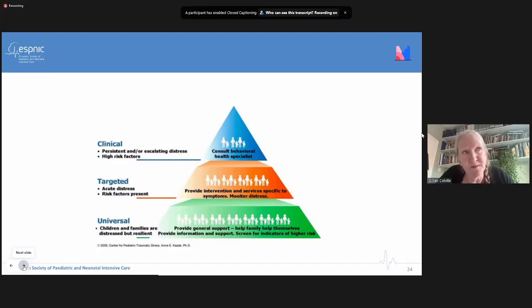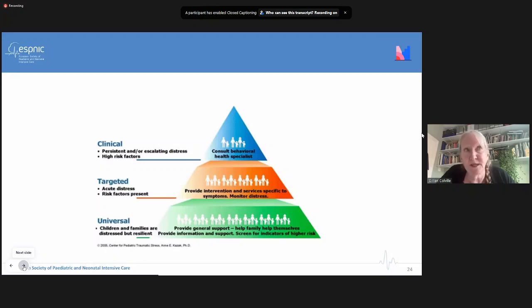And what's important about this pyramid is the point that most people fall into the green category or the orange category, which is to say most people, even with a very frightening, difficult admission into hospital, recover psychologically and are resilient, and that applies to parents and children.